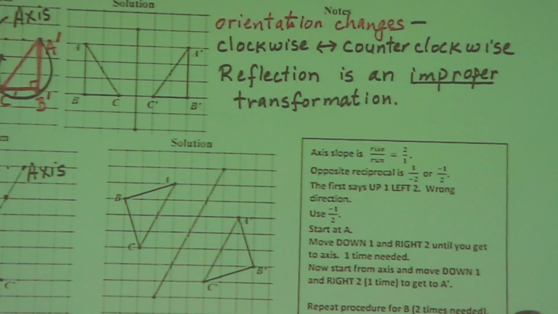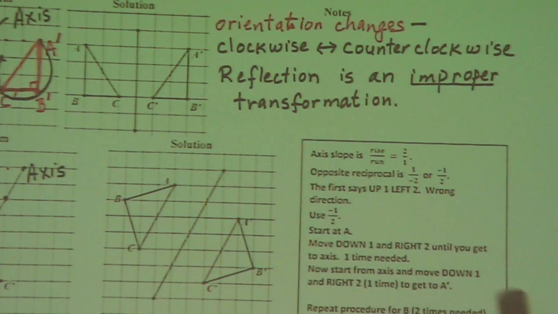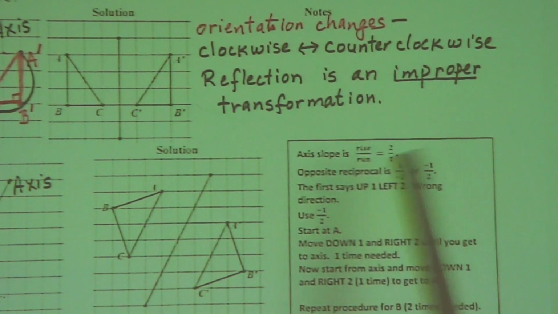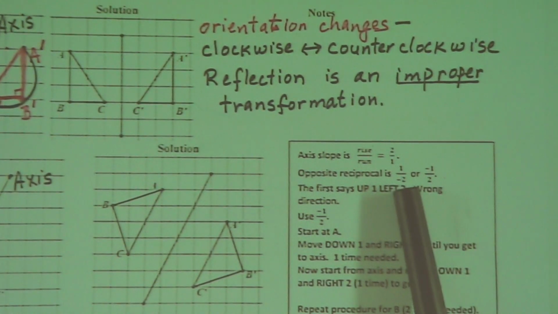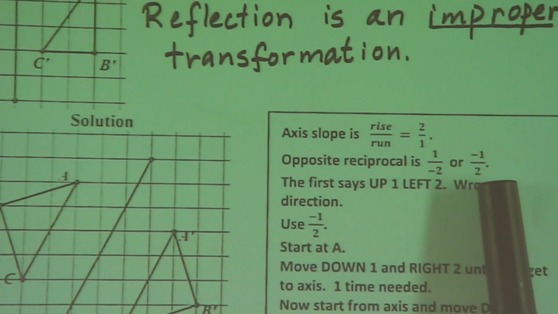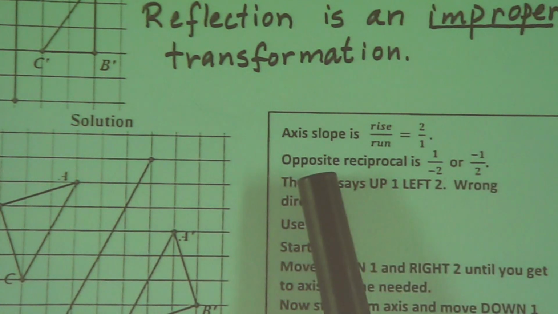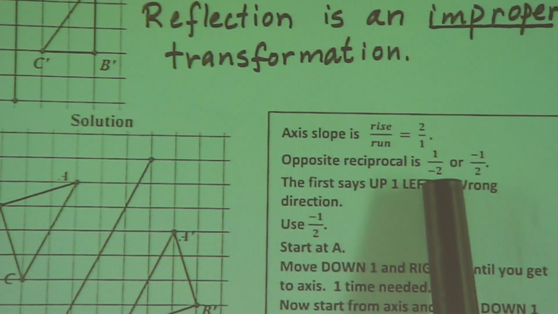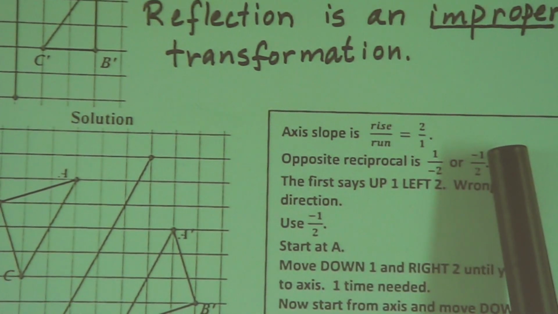Now there are 2 forms of the opposite reciprocal. Your fraction is 2/1, so the reciprocal will be 1/2. And to get opposite, then you change one sign. I will change this one, and then I will change that one.